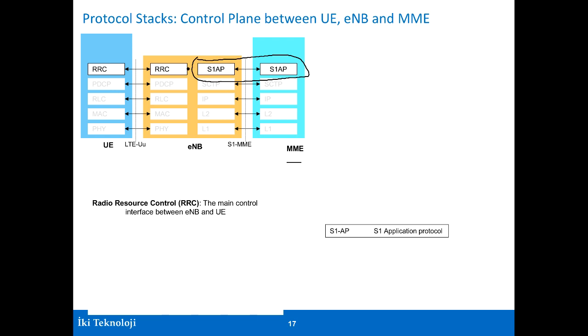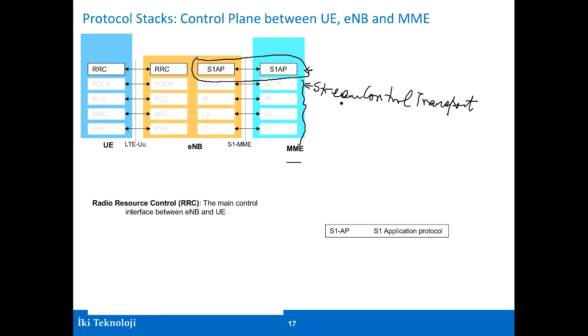For example, any messages that the mobile has sent, those NAS messages will go over S1 AP, or initial context requests, hey, go ahead, set up the radio bearer, which we've looked at, are all S1 application protocol messages. It runs over a protocol stack, and the transport layer protocol is SCTP, the stream control transmission protocol.